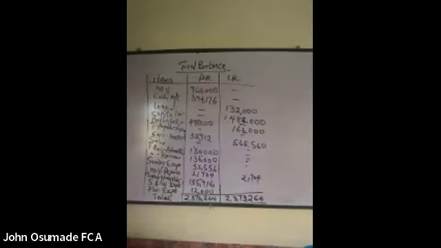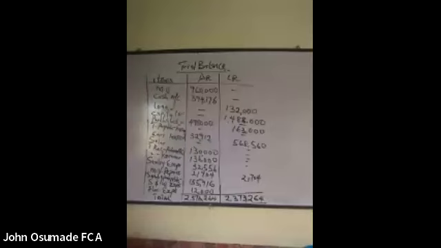Correction of errors. Sometimes you cannot identify the error immediately. Like we did now, we identified the error immediately. We found out that our capital account was supposed to be 1488, not 1485.